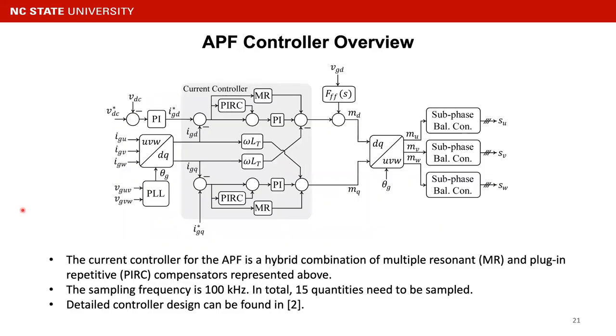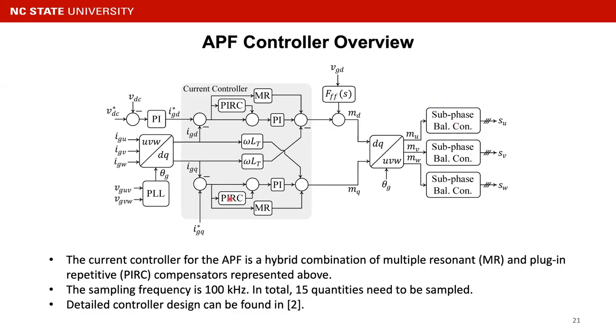So here's the controller structure overview for the APF. As we can see, the current controller for the APF is a hybrid combination of multiple resonant and plug-in repetitive compensator represented here. Moreover, we have the subphase balancing control after this main current control, since we have the interleaving topology.